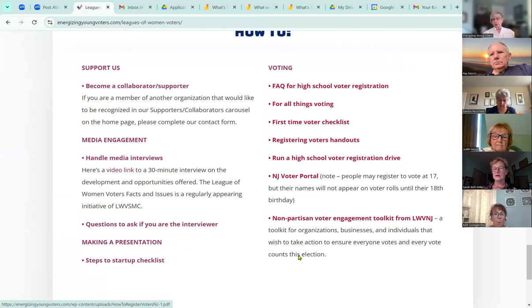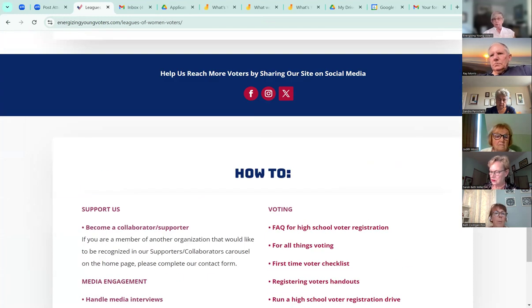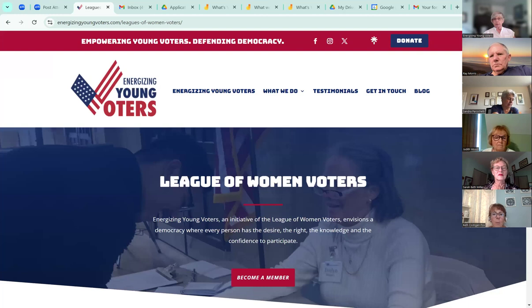Like the first time voter checklist is something that I take when I'm working in high schools so that kids have it. It can also be found on vote411.org, which is the league's website. Okay, so that is for leagues to pay attention to.